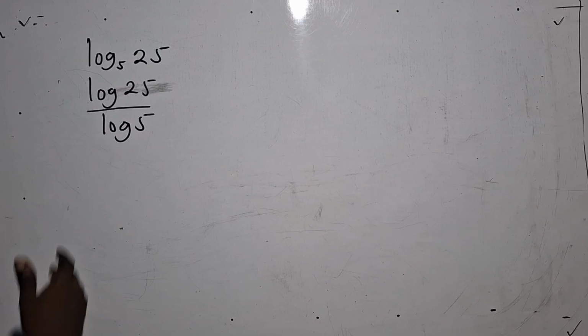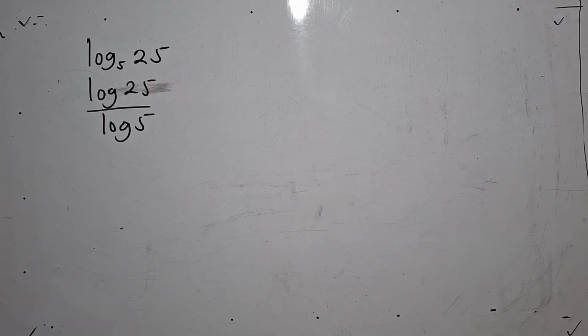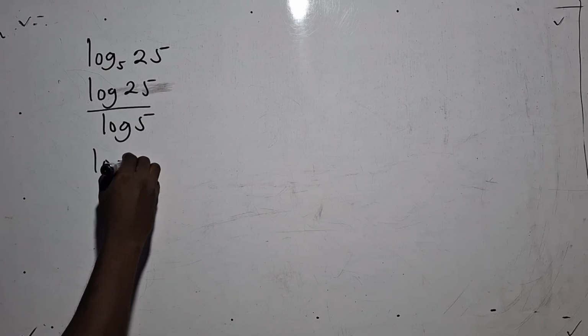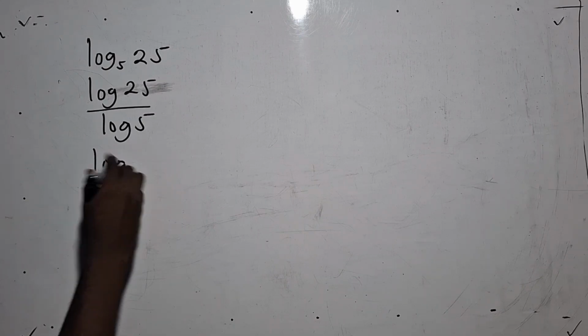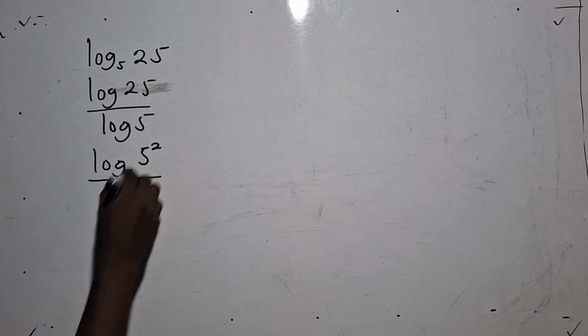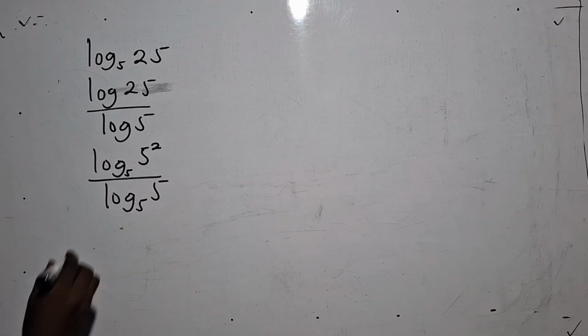So let's express the 25 as a power of the old base. This one will give me log to the base 5 raised to the power 2 over log 5.